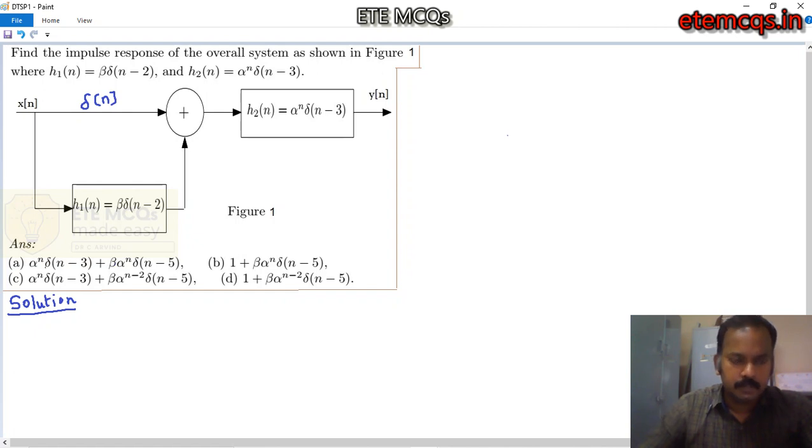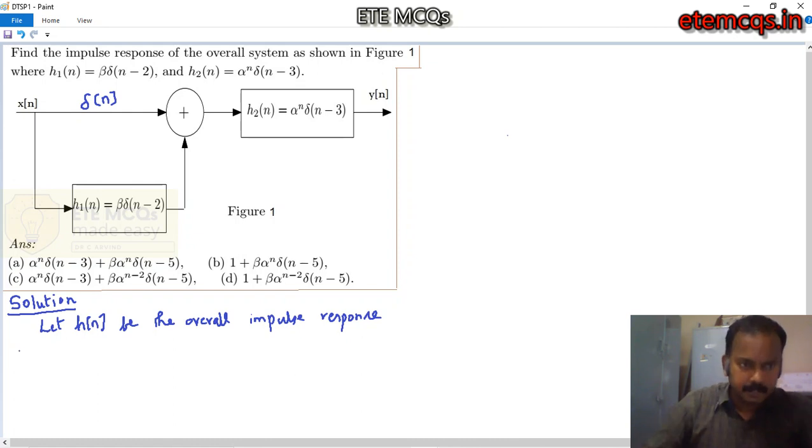So if that is the case, we will have h of n equal to, you can notice that this path and this path are both in the feed forward path.